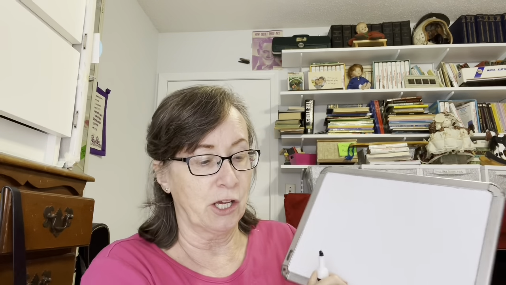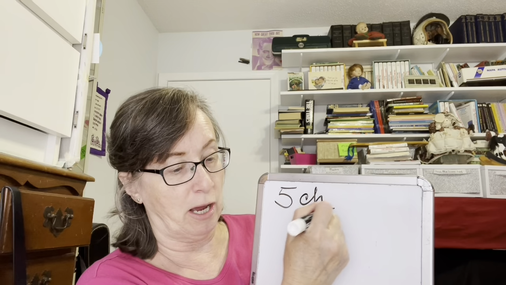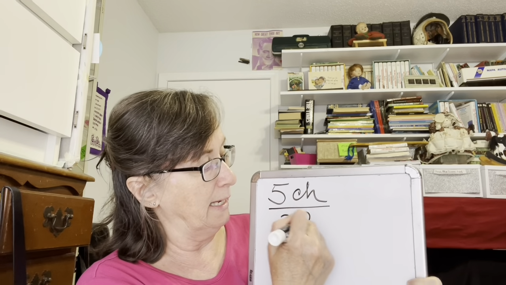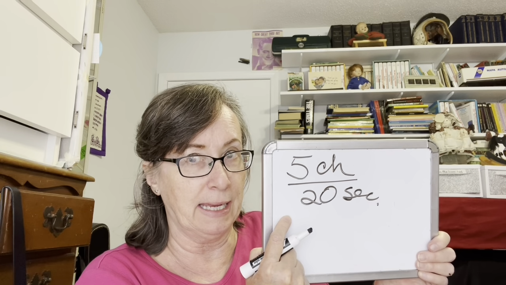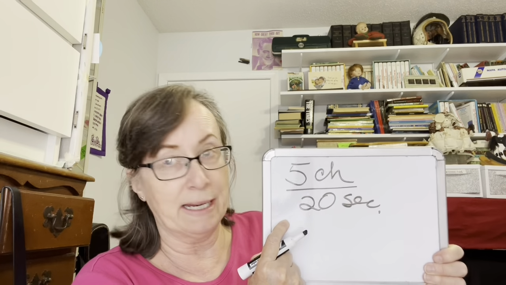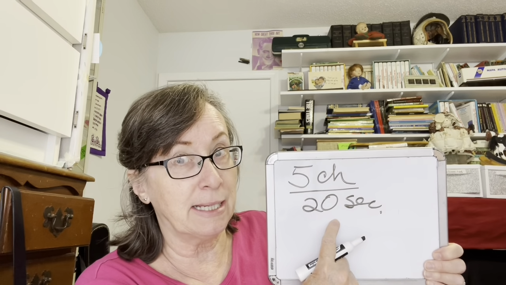The next one was 5 chops in 20 seconds. They made this pretty easy for us because all of these denominators go into 1 minute evenly. Now, what do I need to multiply 20 seconds by to get a minute? Well, 20 times 3 is 60 seconds.